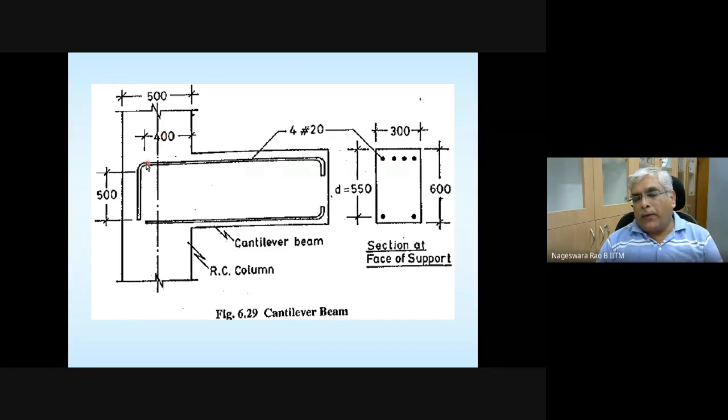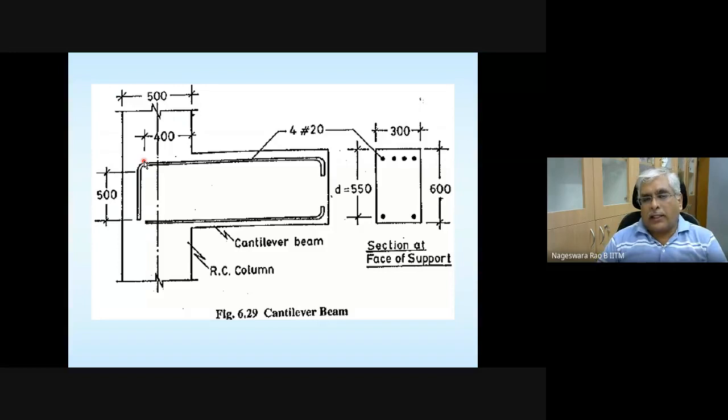If I do this 90 degrees bend, following the specifications given in the code, and ensure a minimum of 4 times the diameter of the bar as a straight portion beyond the curved portion, I can get an anchorage value of 8 times the diameter of the bar, 8 times 20 mm.